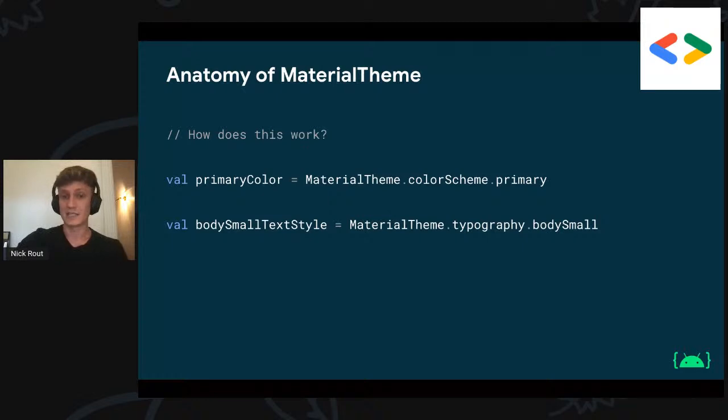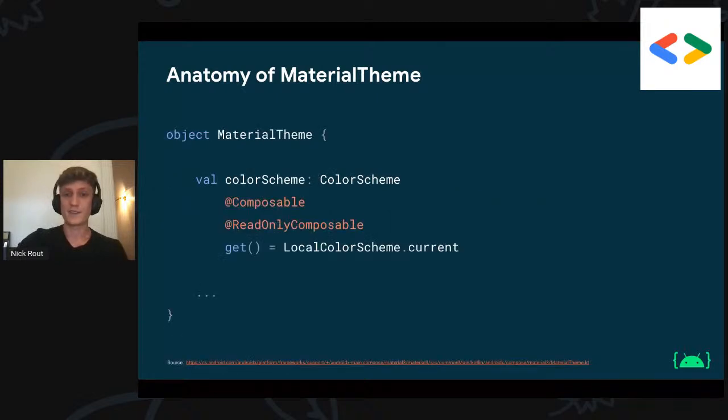Well, as it turns out, it's not that special. All it really is is a nicer, more idiomatic way, perhaps, to access theming values. If we have a look at the source code again, we can see that what the Compose material developers have done is create an object which is named the same as our function, material theme. So we have an object material theme.